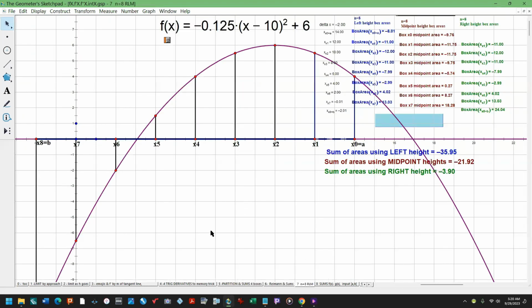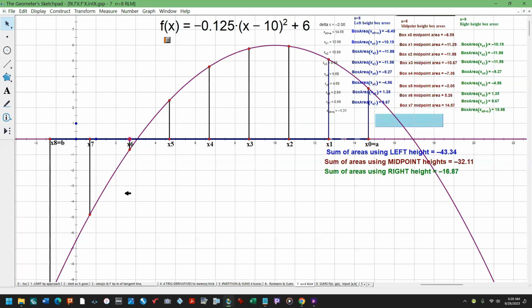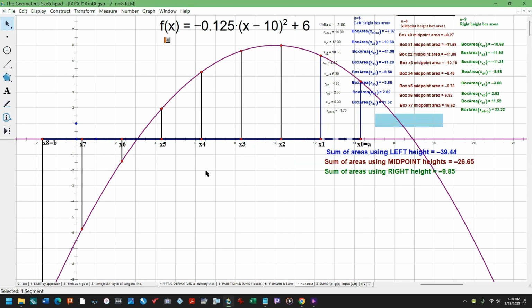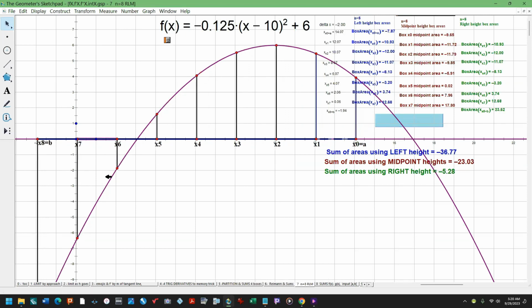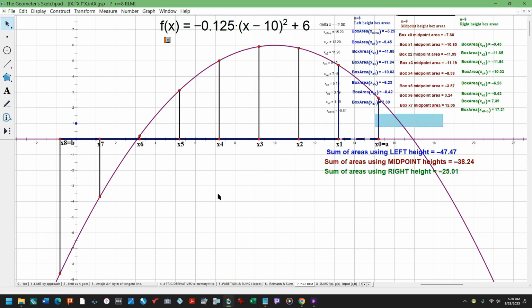This one is, and I think I can move this. No, can I move it this way? No, I'm never going to get it the way I want it. Okay, this is one with, I think, only 8 partitions. Yeah, 8 boxes. And here's a box.